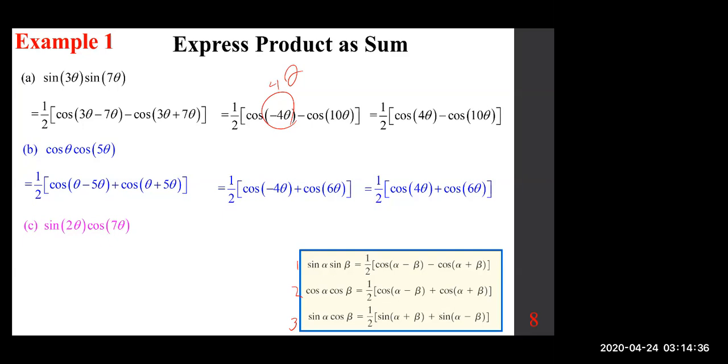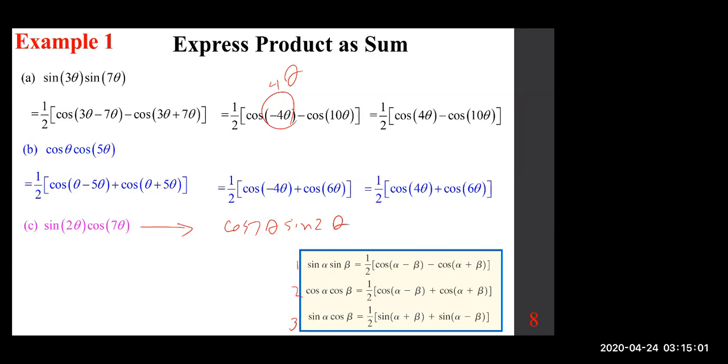By the way, class, you may see cosine first and then sine, then change it, okay? Again, you want to pay attention. Let's say the question was cosine 7 theta, sine 2 theta. You just rewrite it. The fact is it just has cosine and sine involved. So it's the third one, okay?